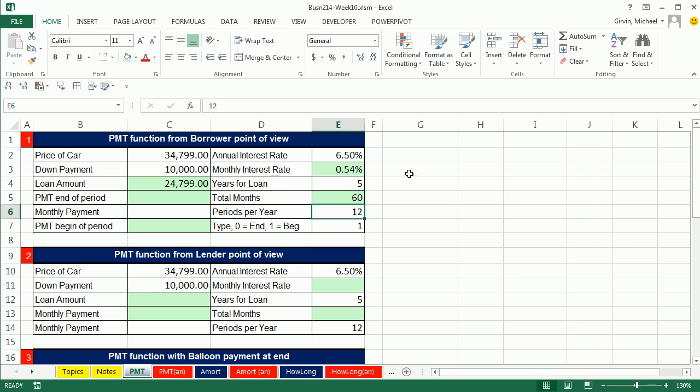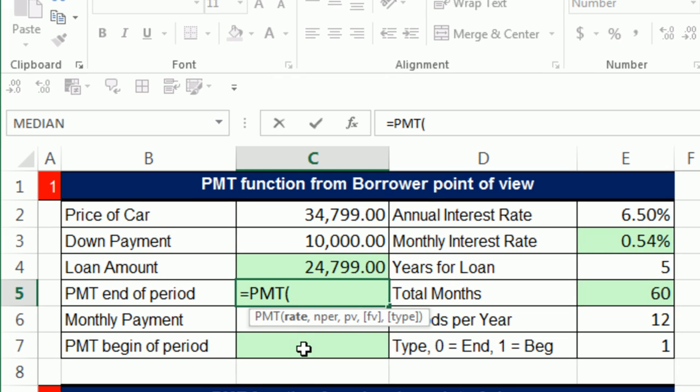All right, so that's what we use, our period rate, which is our monthly rate, and our total number of periods. Now, let's go ahead and use our PMT function. Now, there's a bunch of arguments here, and there's notes over there. But the rate is always going to be the period rate, the interest rate. So we're going to say monthly, comma.